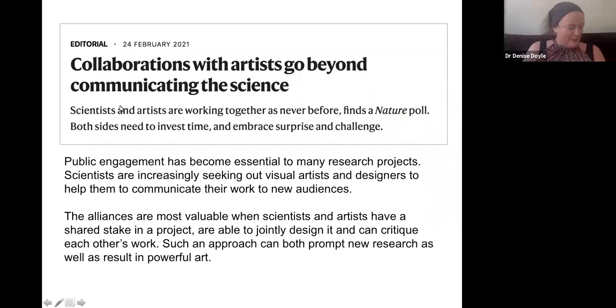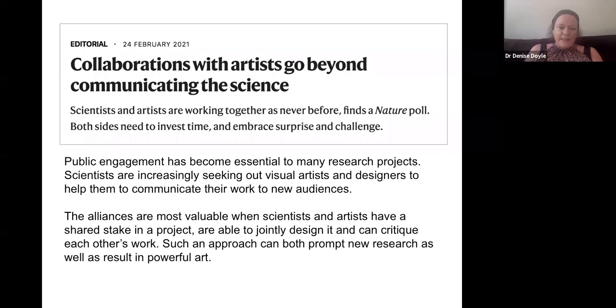Lovely, thank you. So going back to the article, the alliances that it suggests are most valuable when scientists and artists have a shared stake in a project, and are able to jointly design it and critique each other's work. And such an approach can both prompt new research as well as result in powerful art.